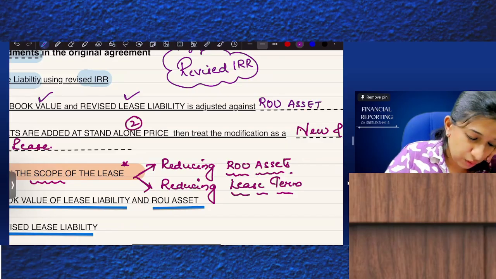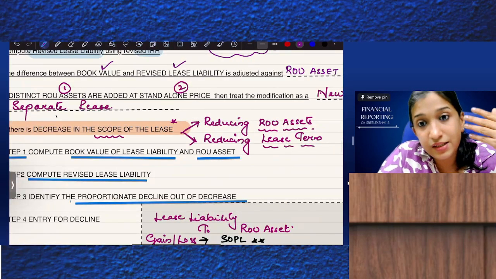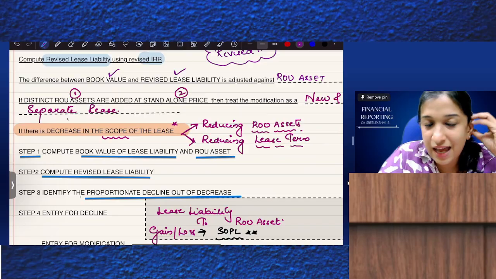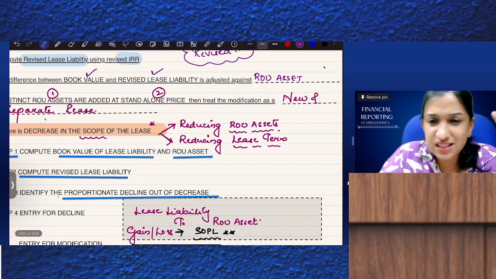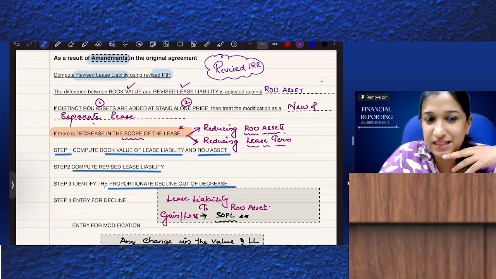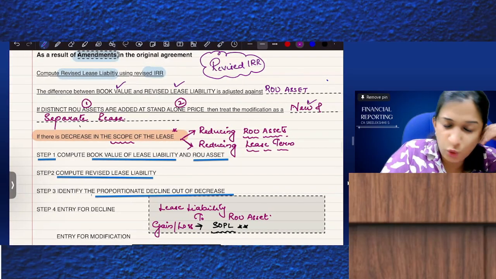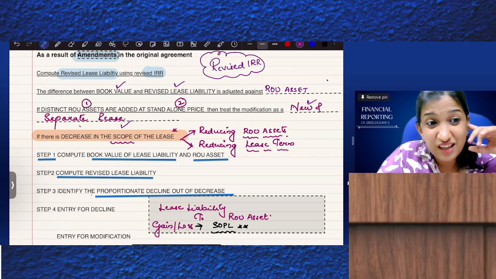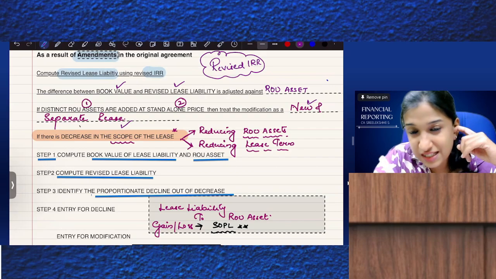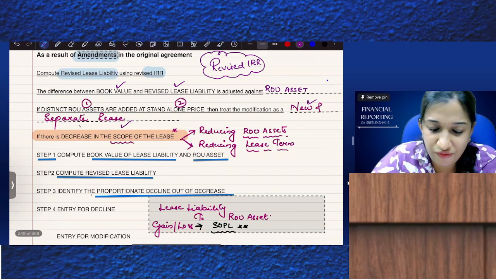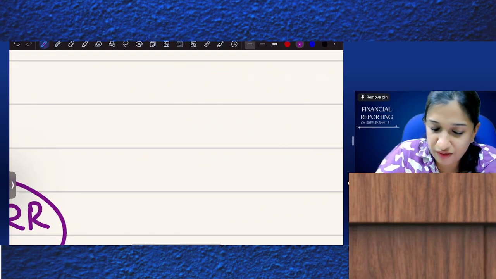If distinct ROU assets are added at standalone price, then the modification will be treated as a new and separate lease. Just now, or yesterday, we studied Ind AS 115, just finished Ind AS 115.